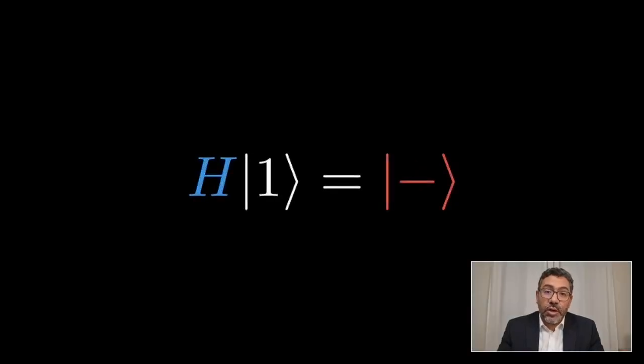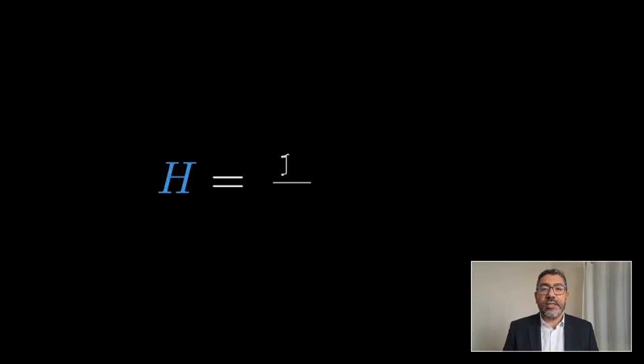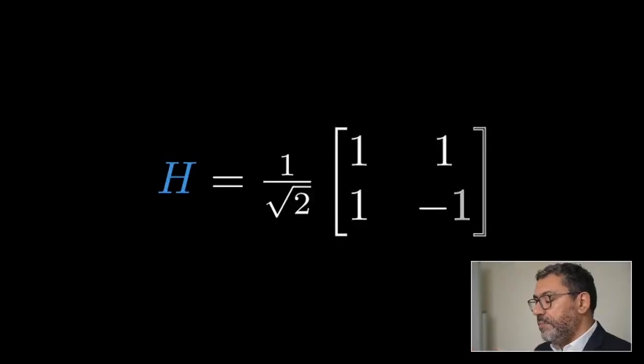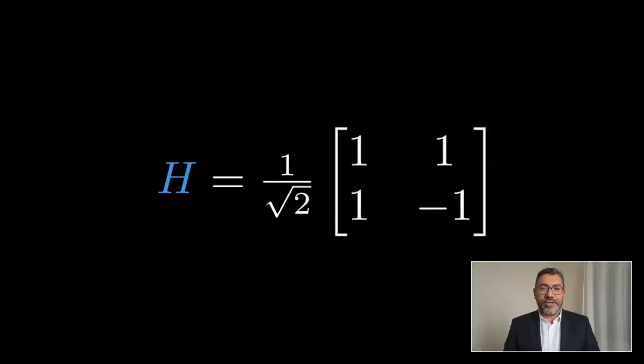It turns ket 1 into ket minus, another balanced superposition, but with different phase. Its matrix is 1 over square root of 2 times this matrix. The Hadamard gate is not just randomness. It creates a precise superposition.